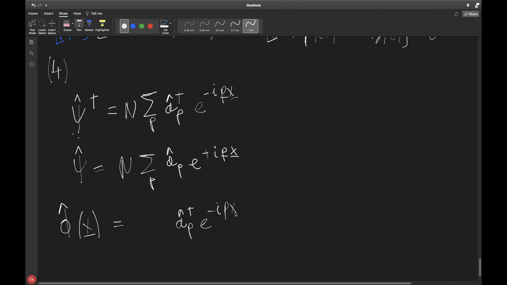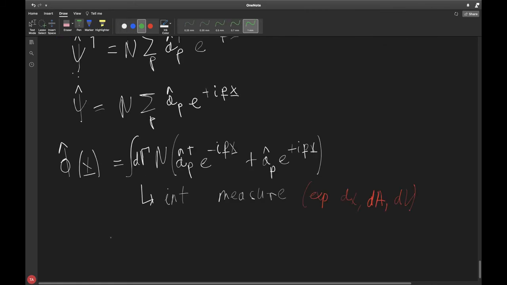So let's think about what this integration measure could be. Originally, we had the sum for the three momentum p. So probably this integration measure will be proportional to the momentum space. So there is going to be a d^3p in that.